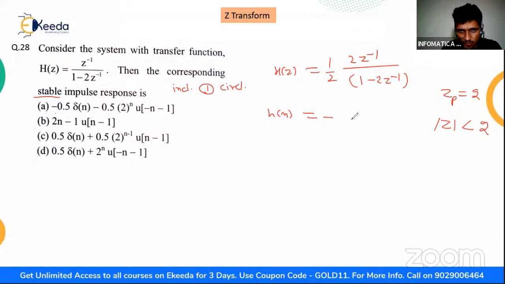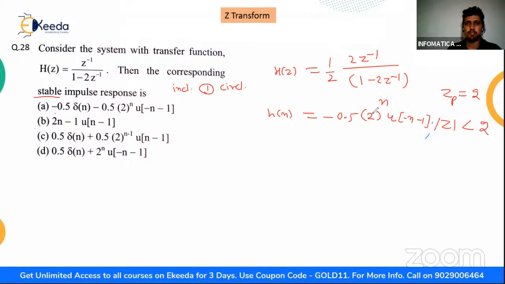So it will be 0.5, minus 0.5 into 2 raised to the power n and u of minus n minus 1, for this ROC.